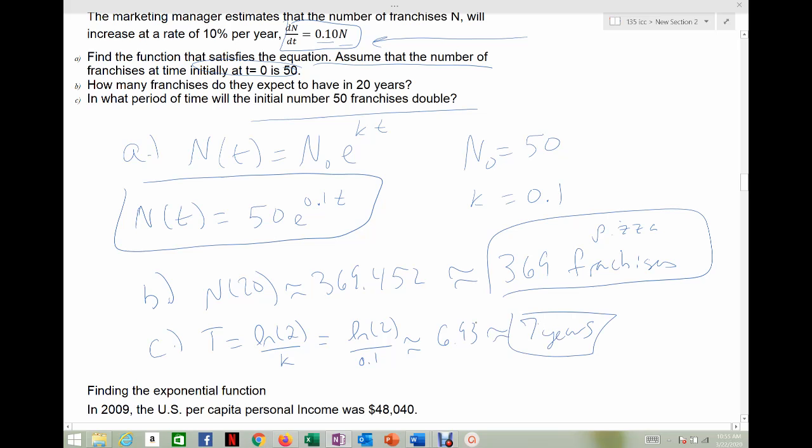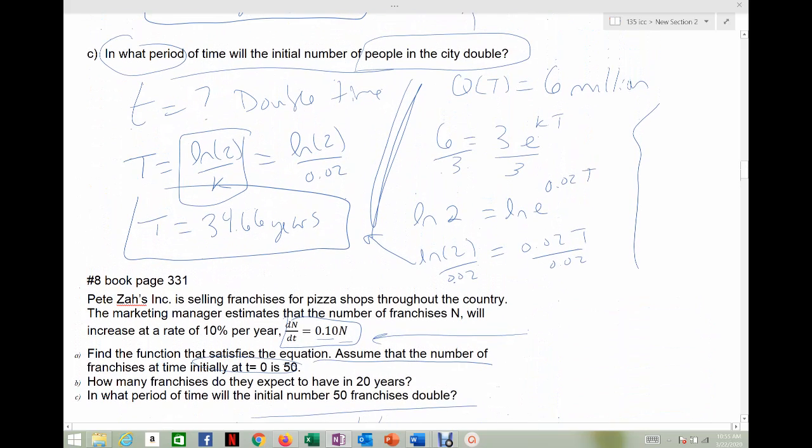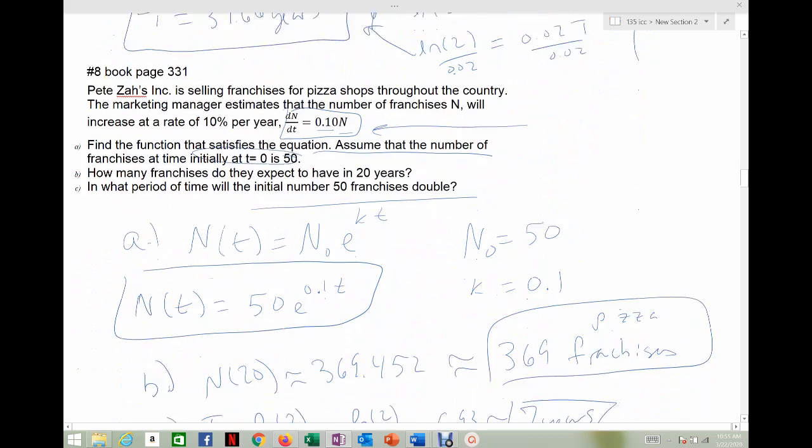So in 7 years, it should double. That's the doubling time. So in 7 years, they should have 100 franchises. In another 7 years, they'd have 200 if it continues. And another 7 years, they'd have 400. So that's what the exponential growth is. If you don't remember this equation, you again could solve it similar to what I did up here. You would set your equation equal to the double and solve it that way. So again, it's just up to you.